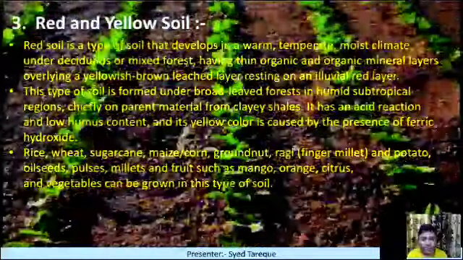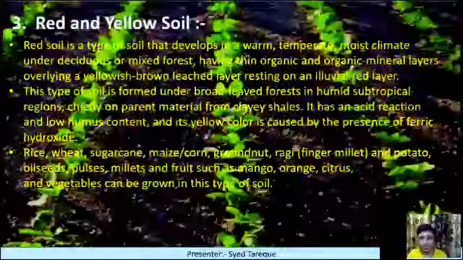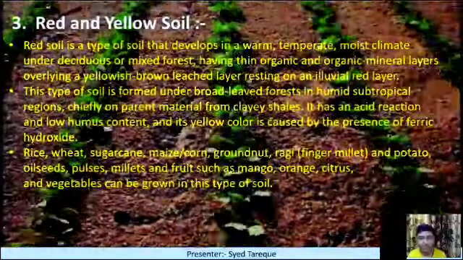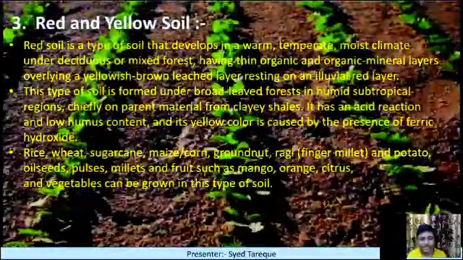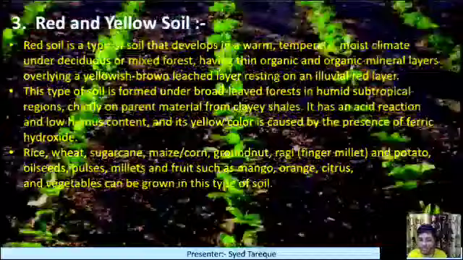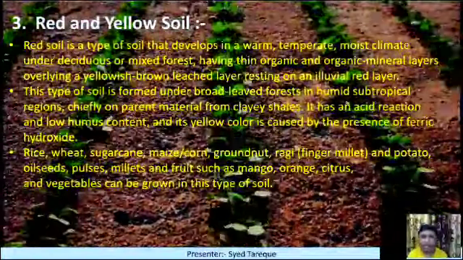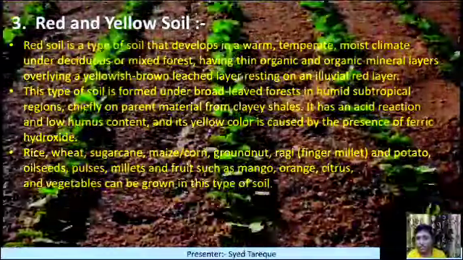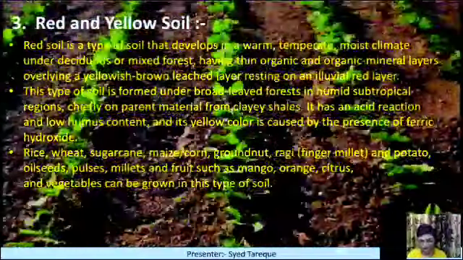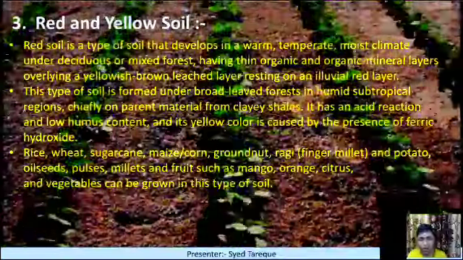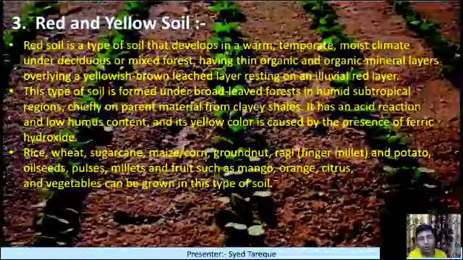This type of soil is formed under broad-leaved forests in humid subtropical regions, chiefly on parent material from clay shale. It has an acid reaction and low humus content, and its yellow color is caused by the presence of ferric hydroxide. Rice, wheat, sugarcane, maize or corn, groundnut, ragi, and potato are grown in these types of soil.